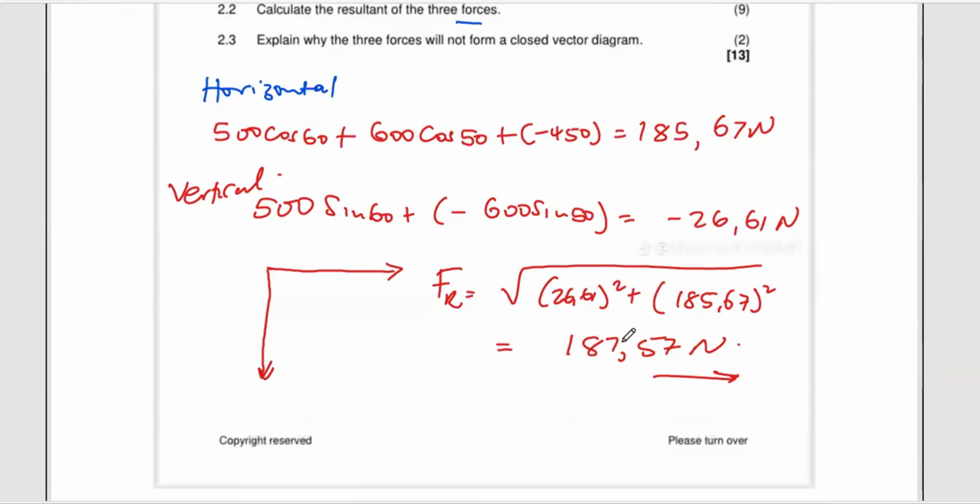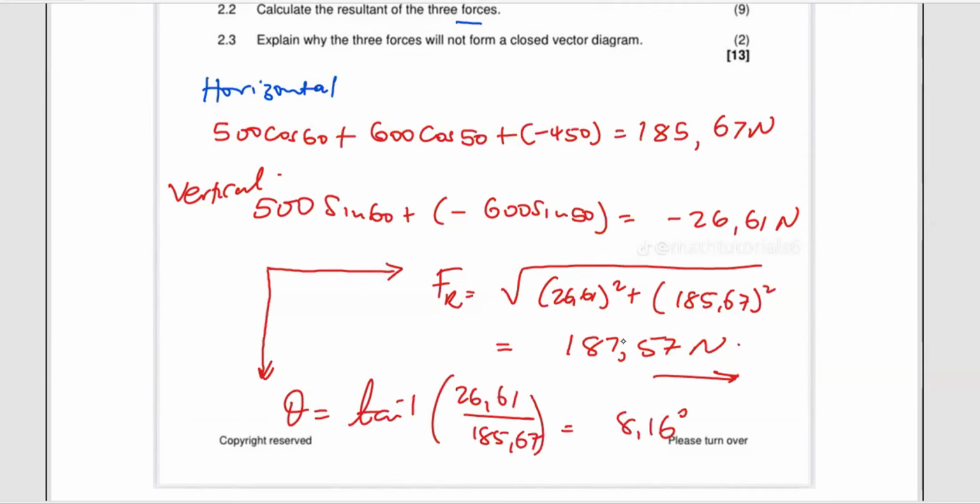But now since we're focusing on force being a vector quantity, we must also find the direction. Theta will be the arctan of 26.61 over 185.67. This gives me 8.16 degrees. So that's what the question basically wanted.